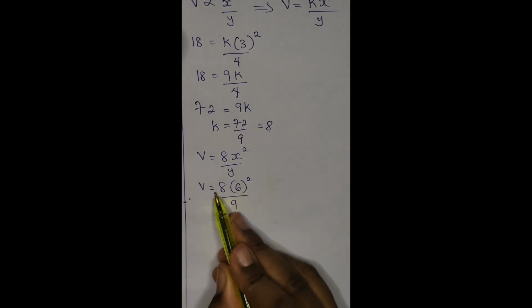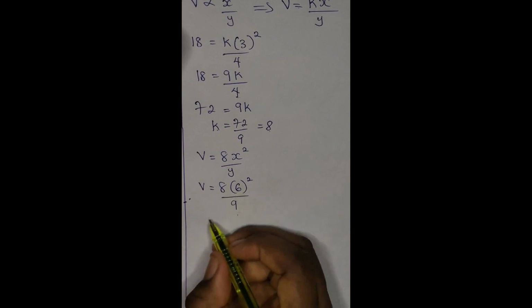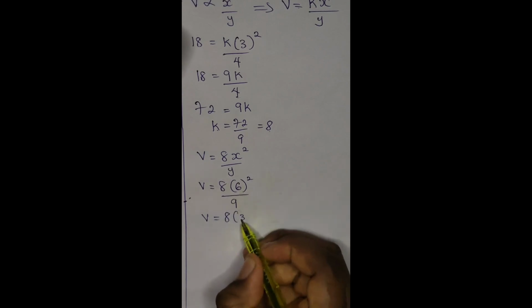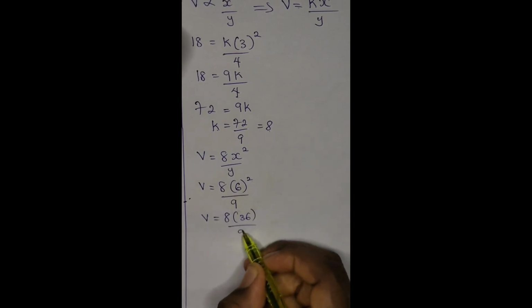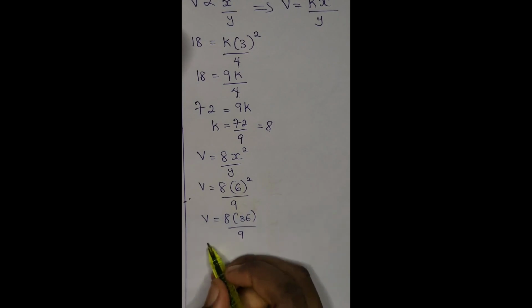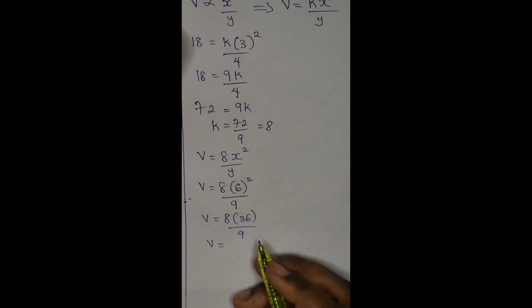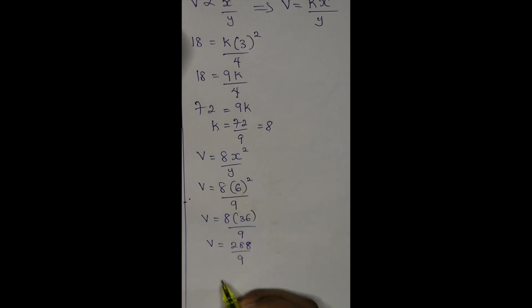So we have v equal to 8 times 6 times 6, which is 36, over 9. So 8 times 36 is 288 over 9. So v is equal to 32.